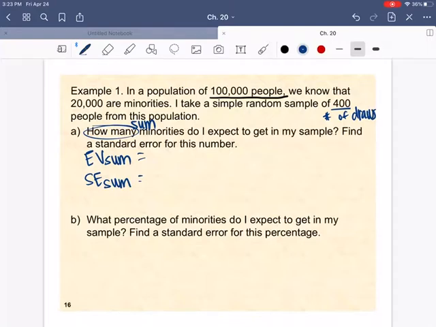Well, we would expect to get 20,000 out of 100,000. So we can change that to an EV sum by making a box. And I'm going to get rid of some zeros here.